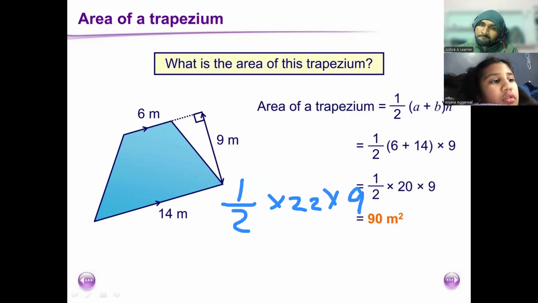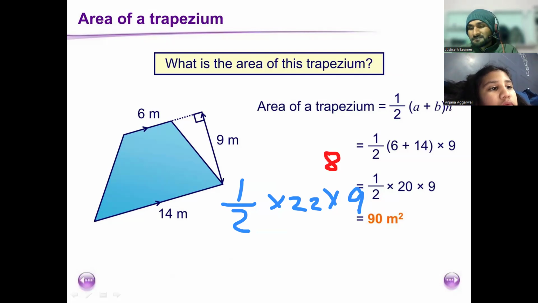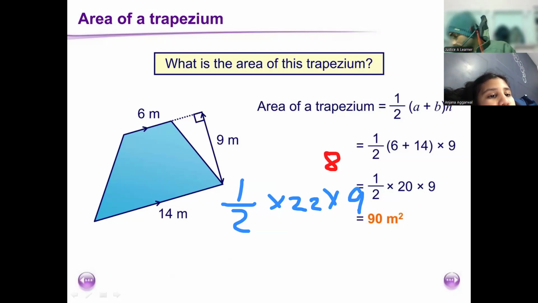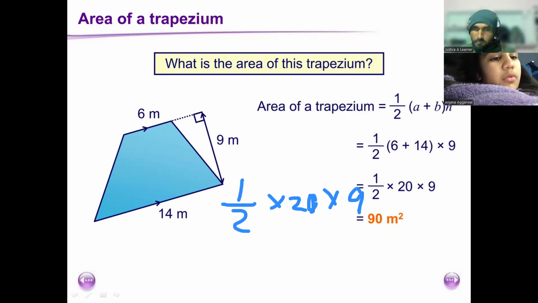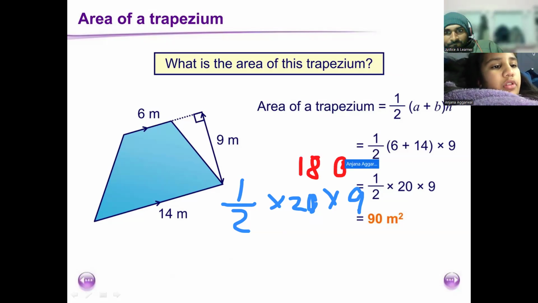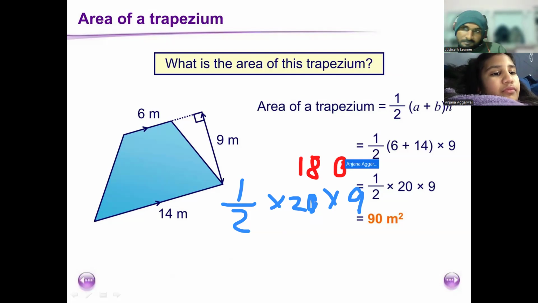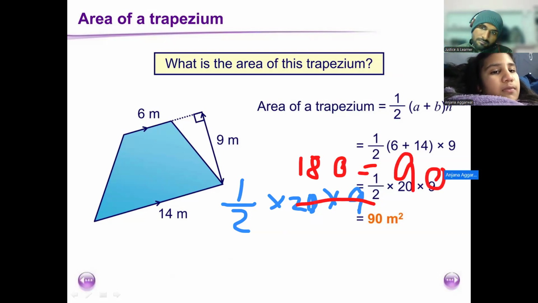So that would be... Wait. 14 plus 6 is equal to 22 or 20? So this is going to be 180, and this is equal to 90.